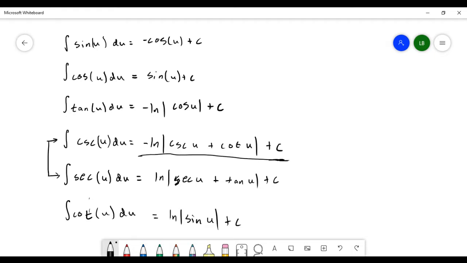You should have all of these memorized ideally, although the integral of tangent and the integral of cotangent you might not need to memorize, because you can always just do the integral yourself if you write it as sine over cosine. The integral of cosine or sine, those ones aren't too hard. But these ones you should all have memorized.